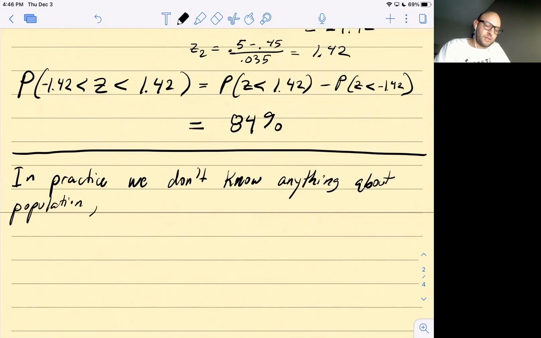We don't know sigma. We don't know p. There are a lot of things that are missing. We only have your data. We only have data for this thing.